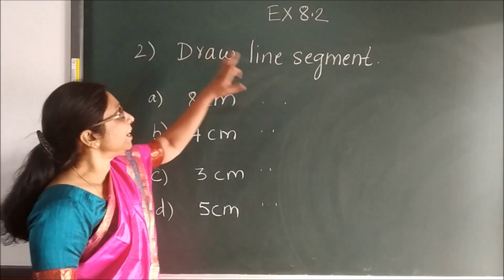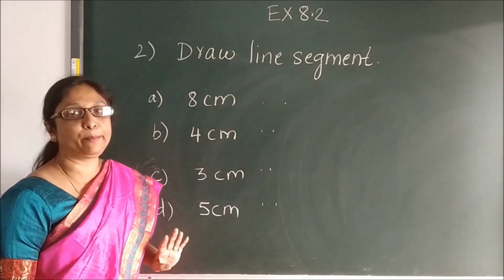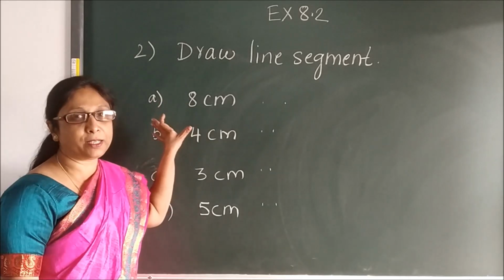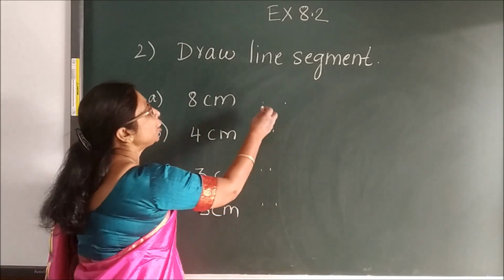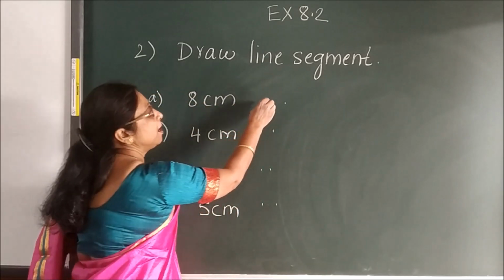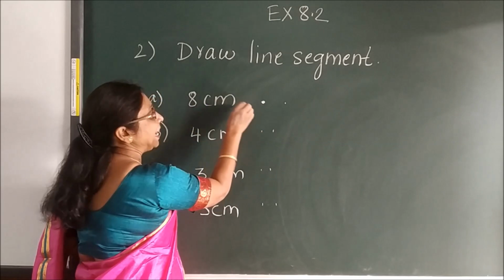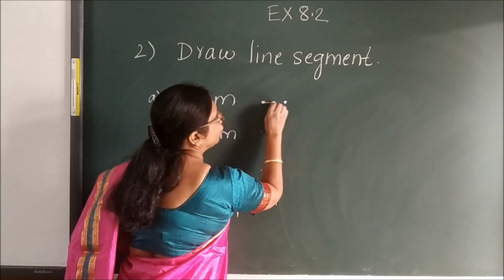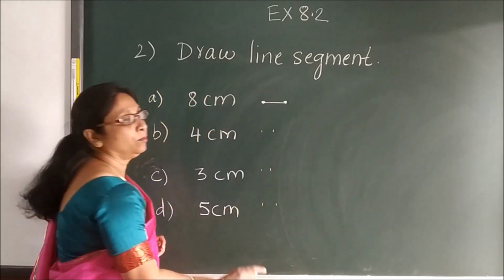Now here in exercise 8.2, draw the line segment. Here 8 centimeter measurement is given. That is a fixed measurement, children. So what you will do, you will take the scale and fix the first end point and up to 8 centimeter you mark the next end point. And then you can draw the line. Clear?